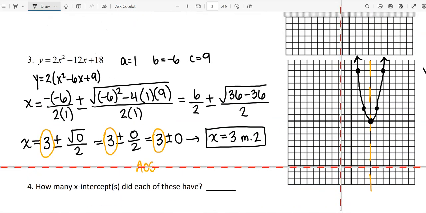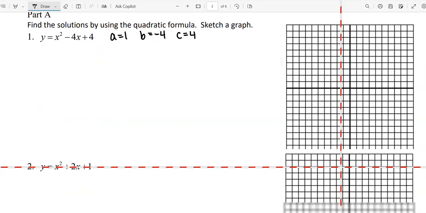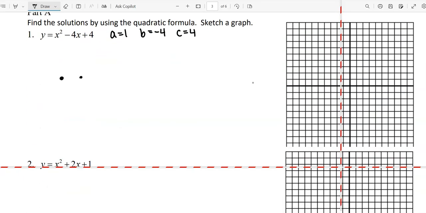Why are there lines everywhere? No, you got it. That's right?